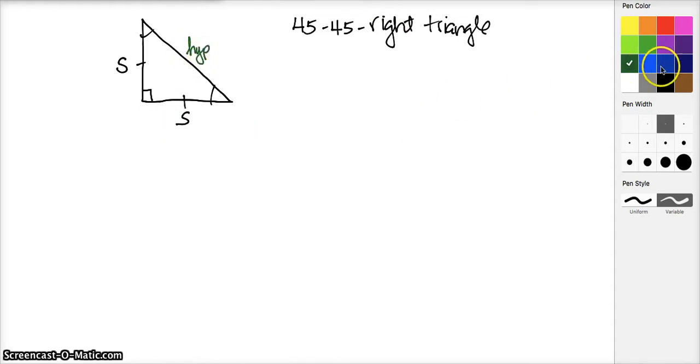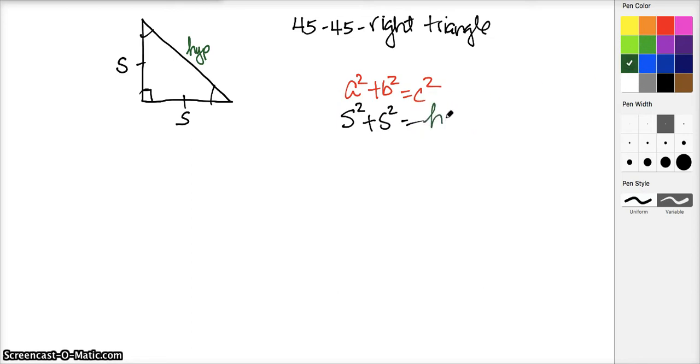According to the Pythagorean theorem, a squared plus b squared equals c squared for any right triangle, and this is a right triangle. Even though a and b are equal, we would write s squared plus s squared equals our hypotenuse squared.